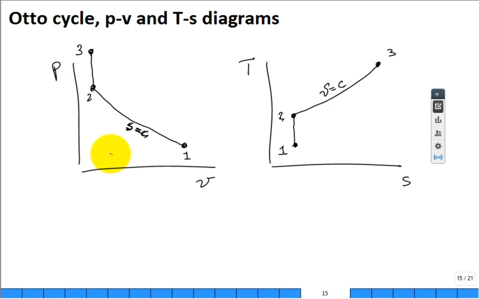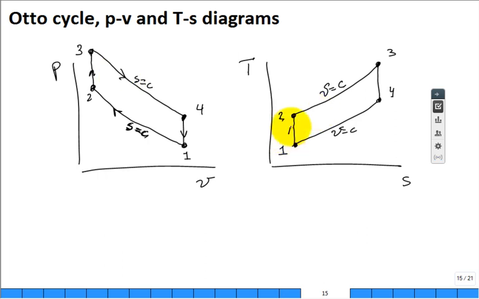Then from 3 back down to 4, I have to get it all the way back down to the same volume. And s is equal to a constant. So we drop it to state 4. And then 4 back to 1. v is equal to a constant. 4 back to 1. So this is our Otto cycle.